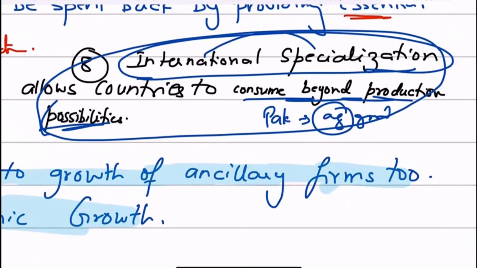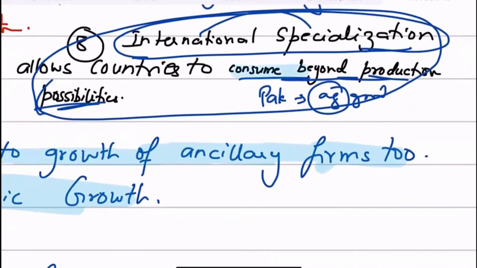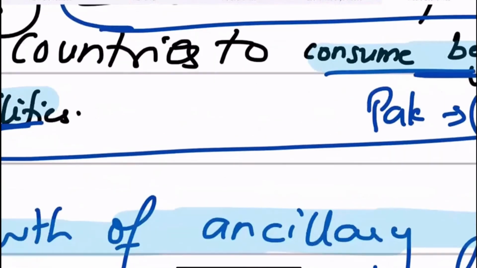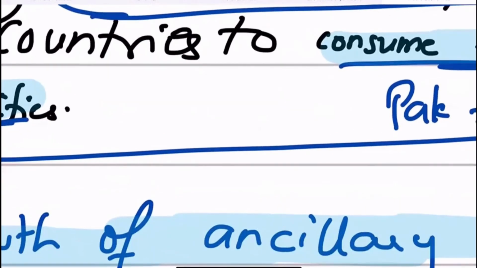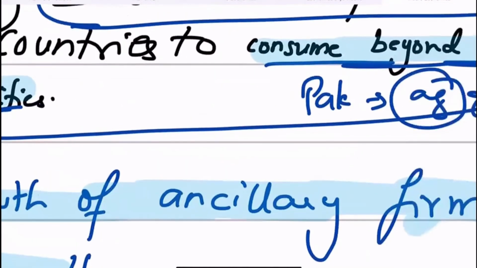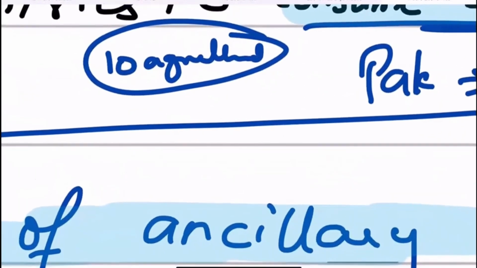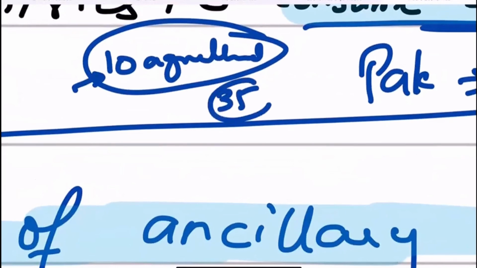So technically, I'll try to explain a bit of it. It says that it allows countries to consume beyond production possibilities. So let's suppose Pakistan produces, hypothetically speaking, 10 agricultural goods, right? And if it specializes in it, it could end up producing 35 agricultural goods, right?